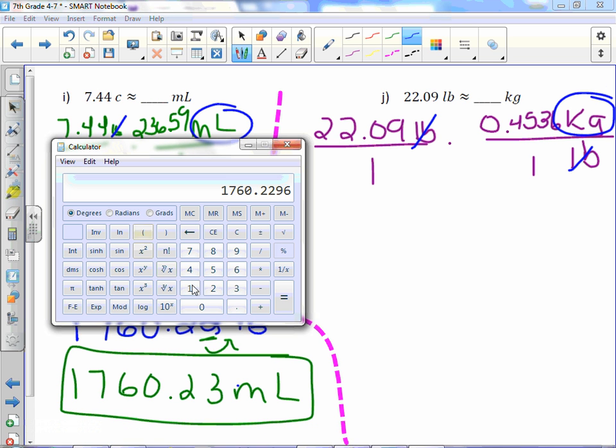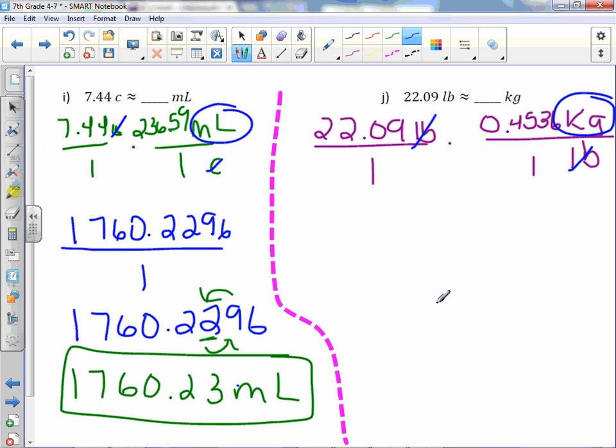Multiply across. 22.09 times 0.4536. And we get 10.020024.